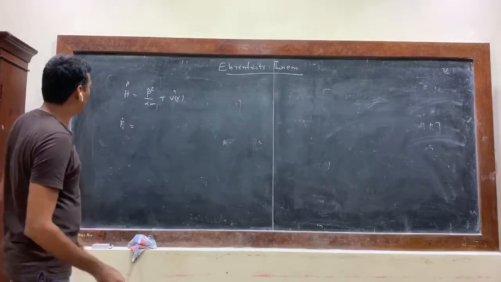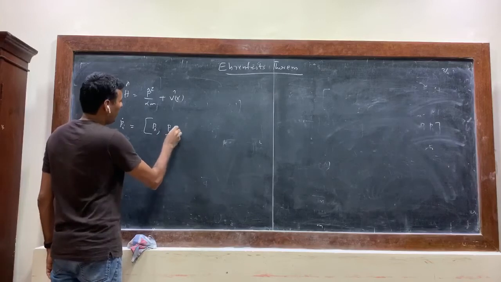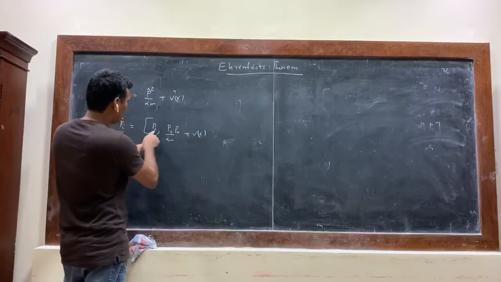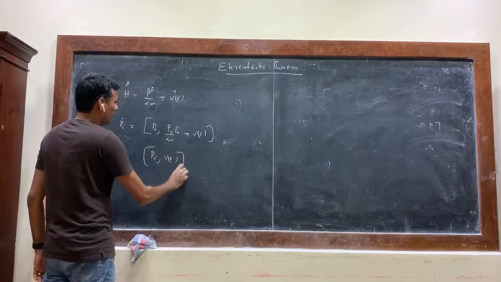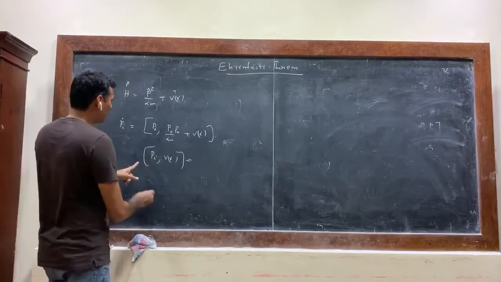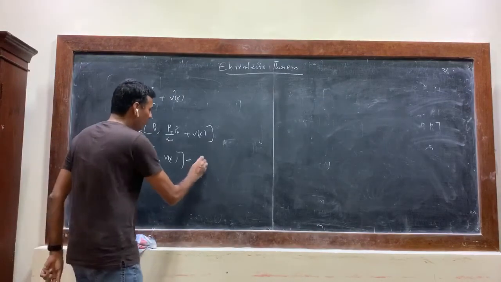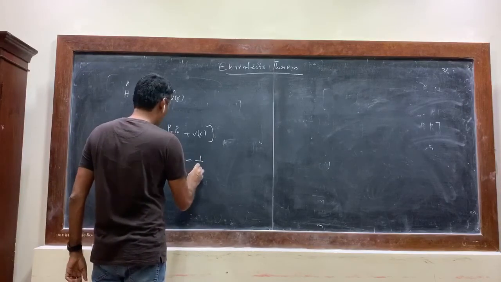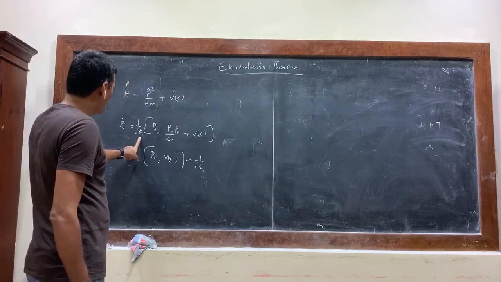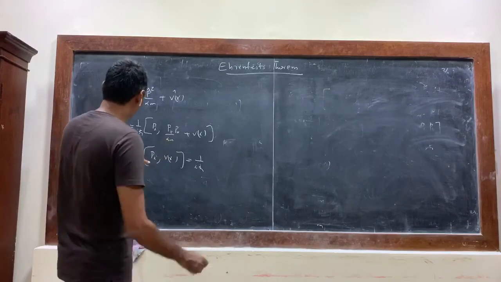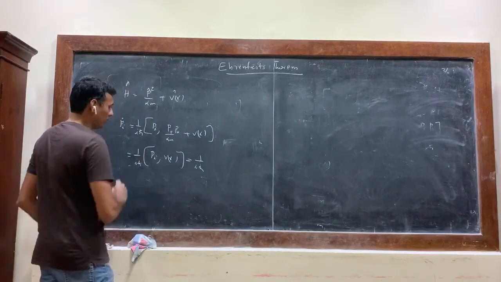So p_i dot is equal to 1 by i h cut times the commutator of p_i with p_k squared by 2m plus V of x.